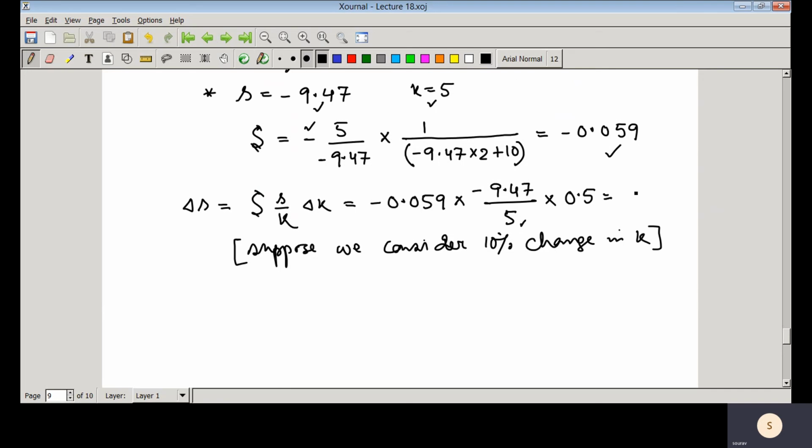So if you just multiply those terms, you will get 0.056. And here this is a scalar quantity, so basically 0 degree.